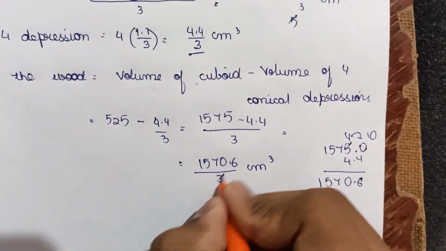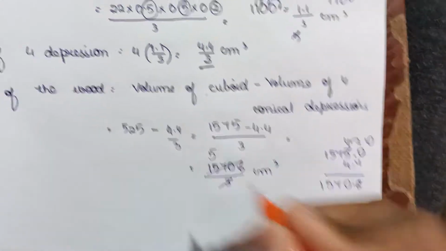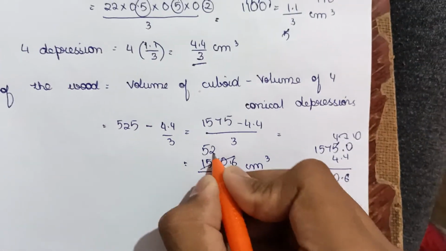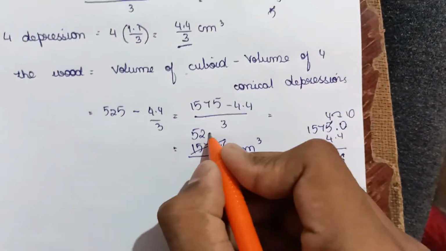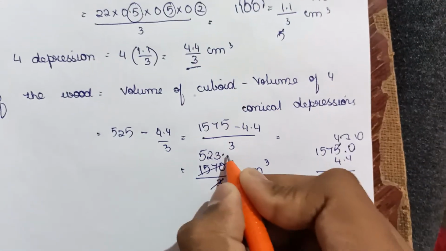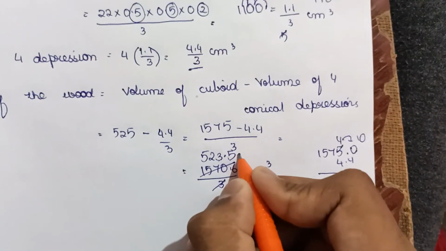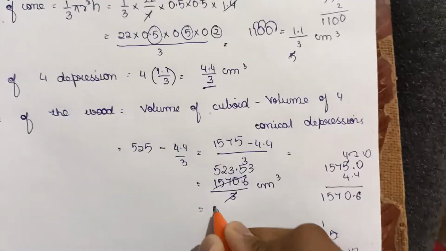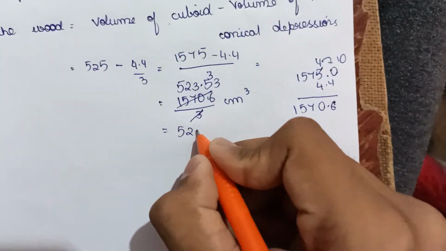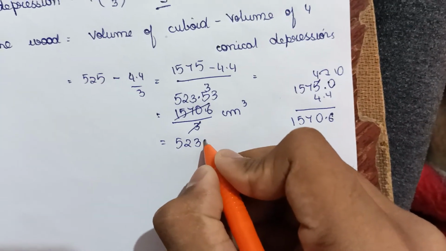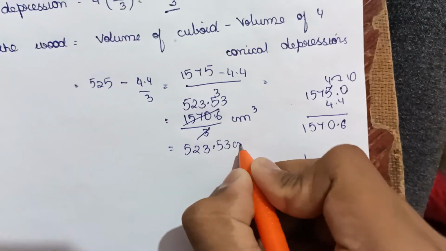Let us try to divide them. We get the volume of the wood as 523.53 centimeter cube.